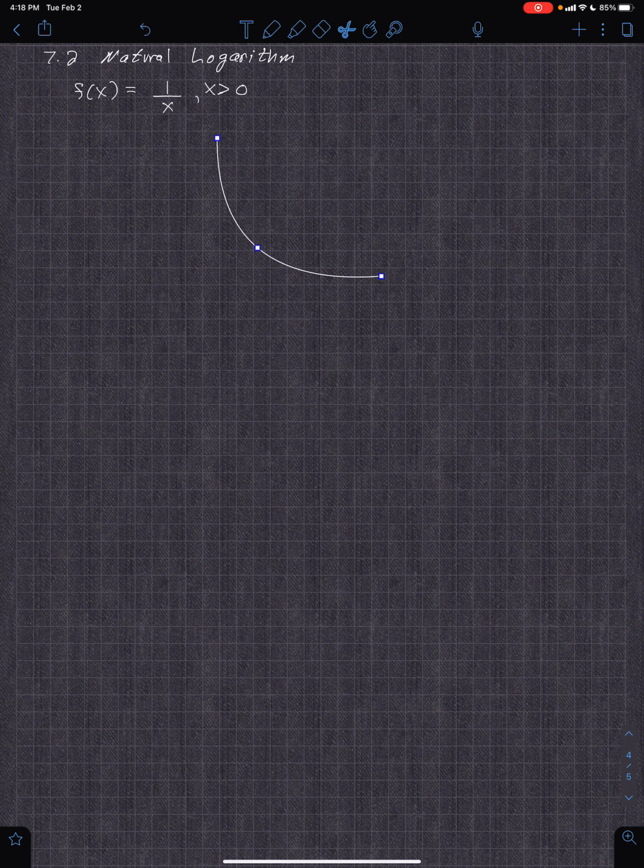Then that function, 1 over x for x greater than 0, we know it looks like this. I did this earlier. It looks about like this, and approaches those asymptotes. Here's the y-axis, here's the x-axis.